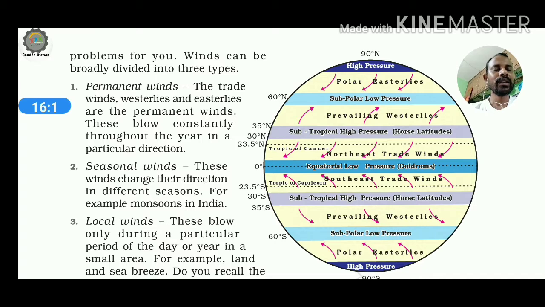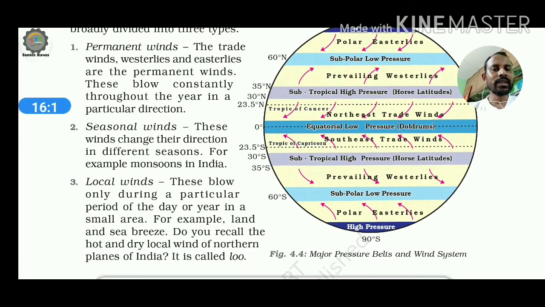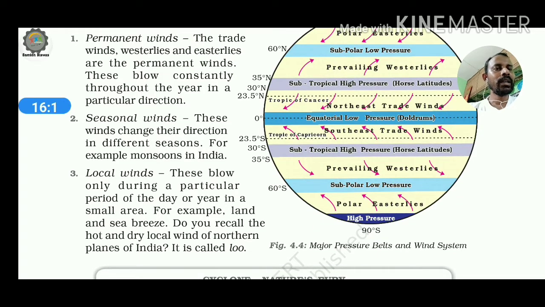Next, local wind. Lu is an example of it. What is local wind? Due to the increase of temperature in a certain place, the direction of the wind may change, and that is referred to as the local wind. These blow only during a particular period of the day or year in a small area. For example, land and sea breezes.